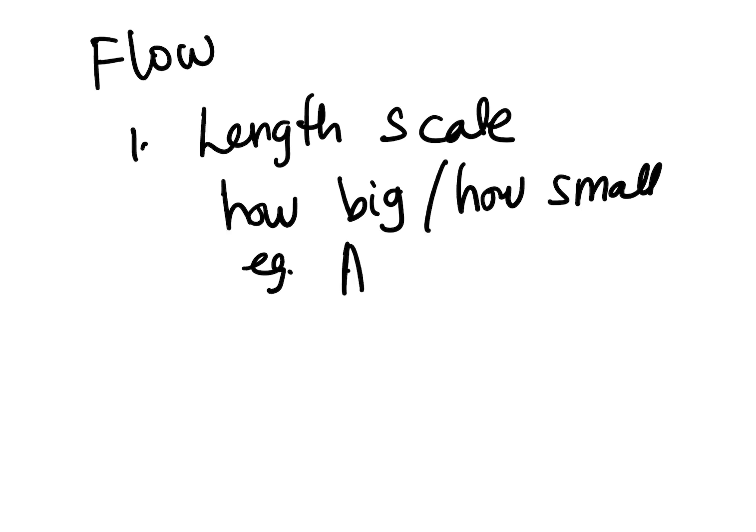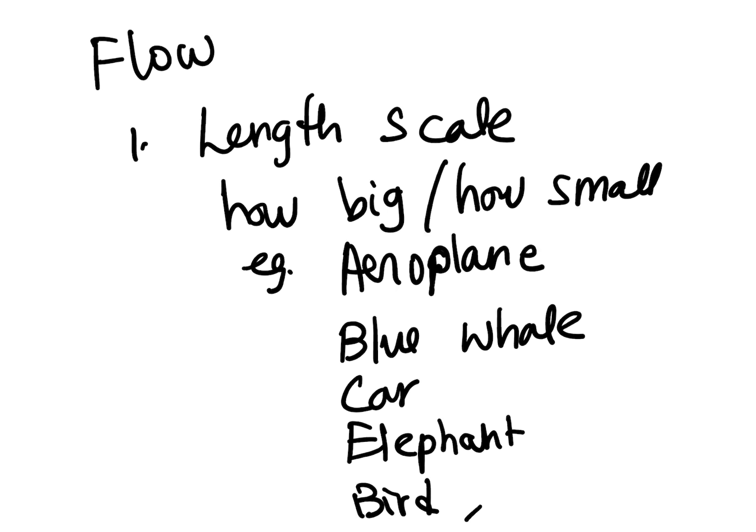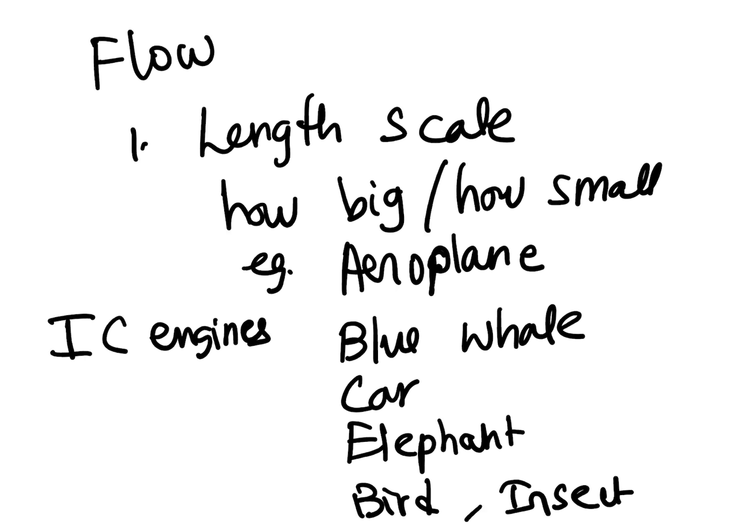Examples: we can think of flow around an aeroplane, flow around a blue whale, which is really huge, flow around a car, flow around an elephant, flow around a bird, flow around an insect. Or you can think of internal flows or more technical flows, like flow through IC engines, or blood vessels.